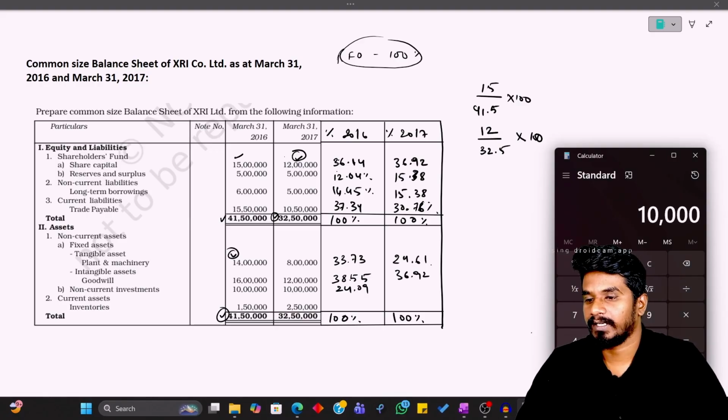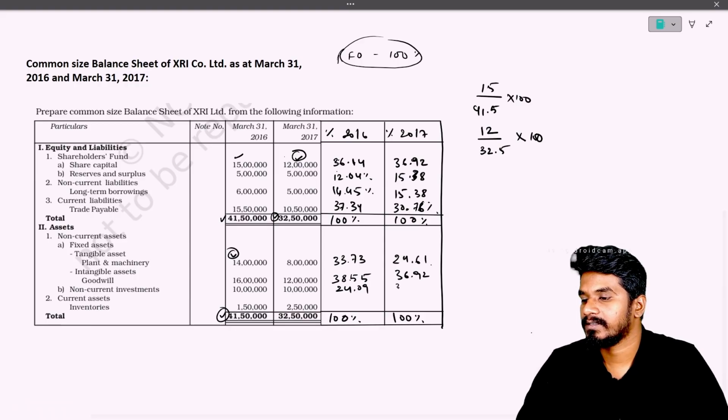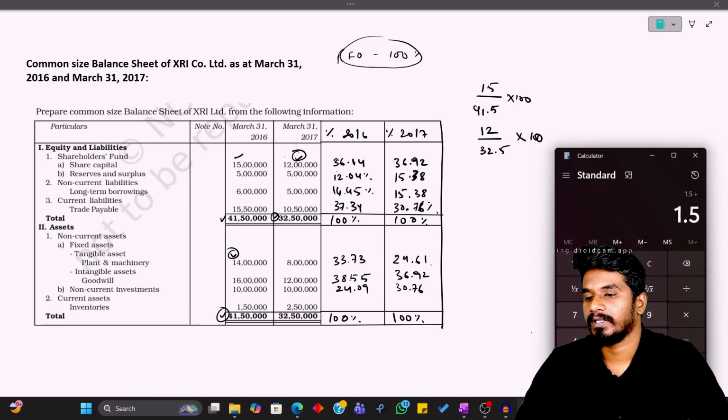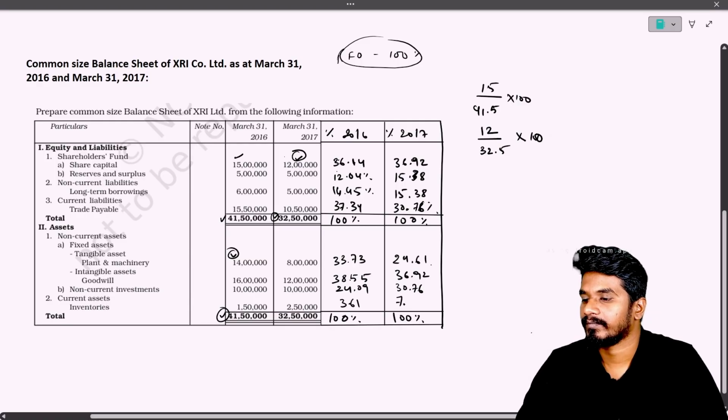Again, 10 lakhs divided by 32.5 into 100 is 30.76. 1.5 divided by 41.5 into 100, we'll get 3.61 percent, and 2.5 lakhs divided by 32.5 into 100 is 7.69.